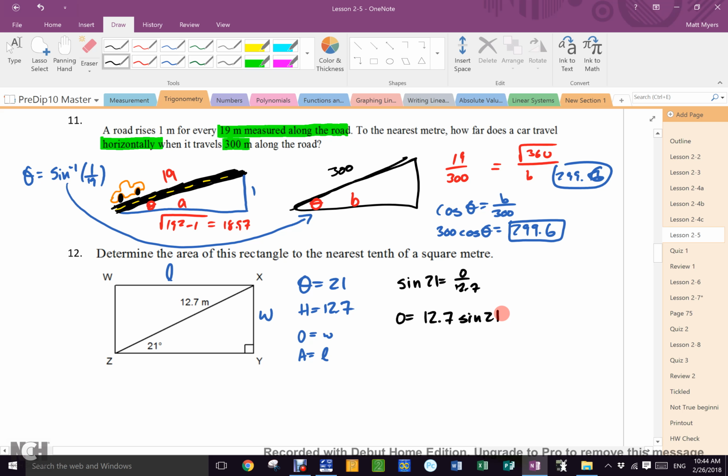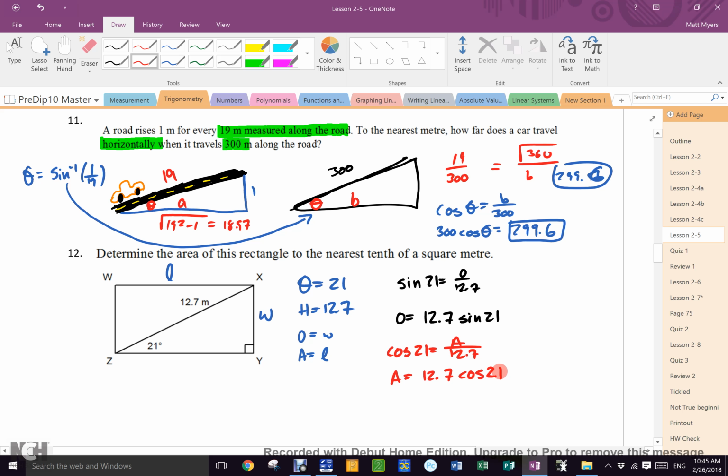Now, since I want the most exact answer possible, should you have gone to your calculator yet? No, why not? Because then you guys will automatically round that decimal. Does that give me the most exact answer? No. So you're going to stop there. Then what did you do? Cos of 21 equaled A over 12.7, and A equaled 12.7 cos 21.